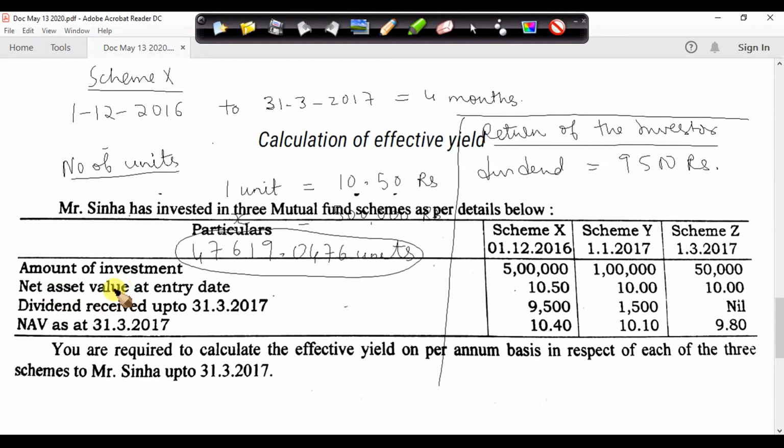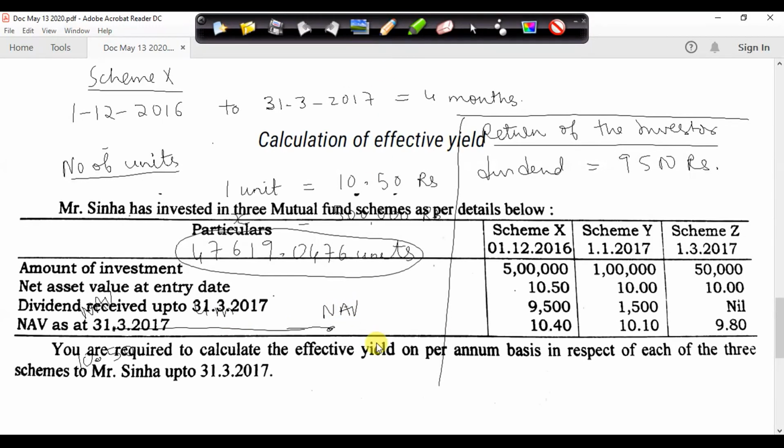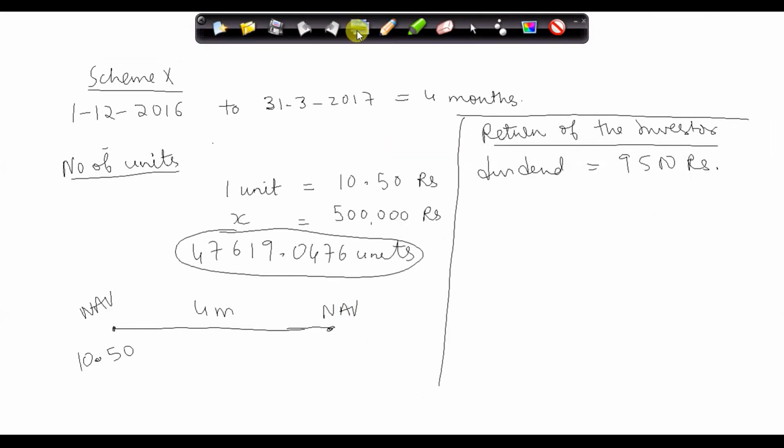Now NAV, net asset value at the entry date is 10.50 and the net asset value at the year end, that is 31st March 17, is 10.40. So friends, what has happened is that in the beginning, at the entry date the NAV was 10.50, and now after 4 months the NAV has turned out to be 10.40.